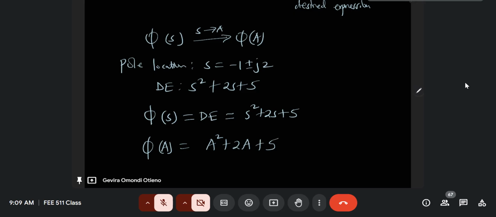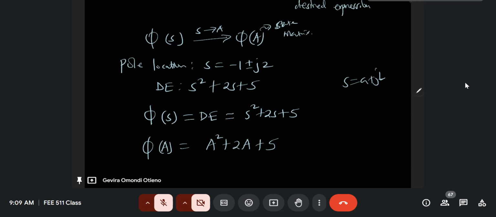Please pay attention. This is the most important part of Ackermann's method, and this is where students would probably make huge mistakes. Look at this. S is a complex number. That's why we are getting S squared plus 2S plus 5. S is understood as a complex number, a plus jb, the real part and the imaginary part. However, A, if you remember, is a state matrix.